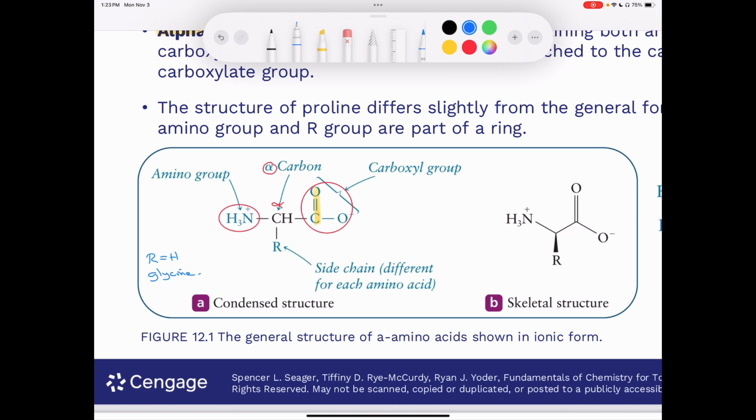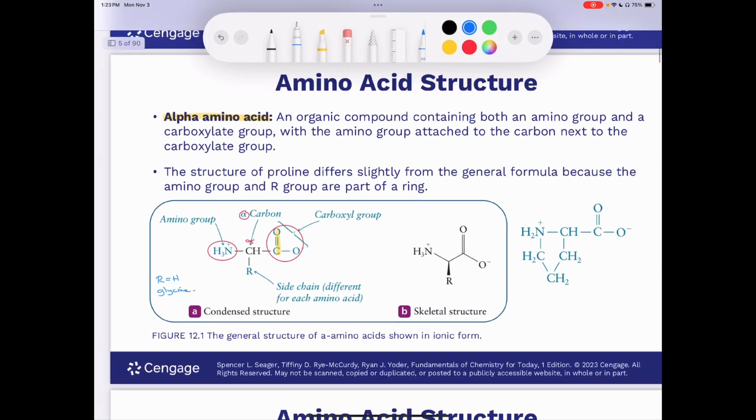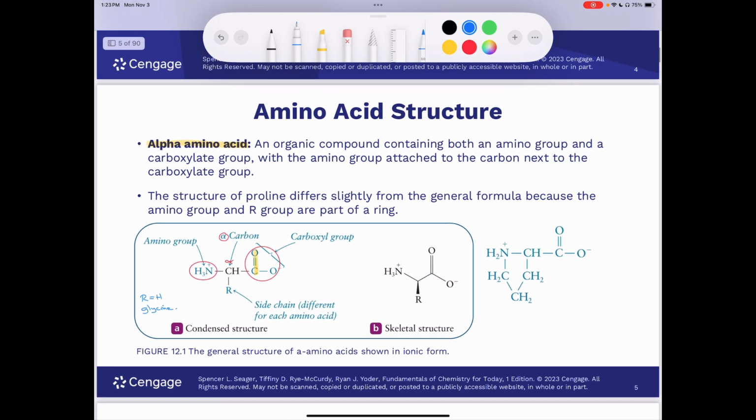Now you can see the skeletal structure here is shown on the right where we leave out the carbons. And we leave out the hydrogen on the alpha carbon as well. And we're going to get some practice drawing that in just a little bit. But just to point out what the slide here is saying about proline. So I've already gone over glycine where the R group is a hydrogen.